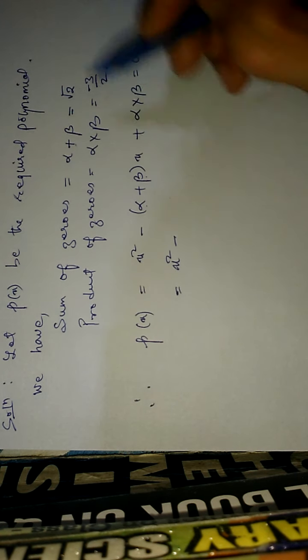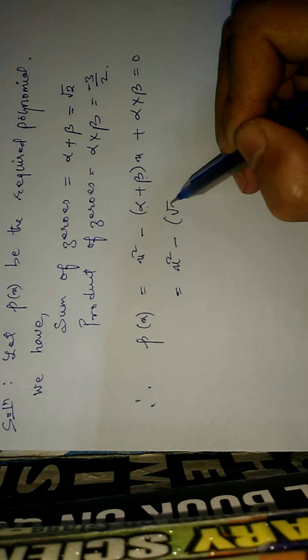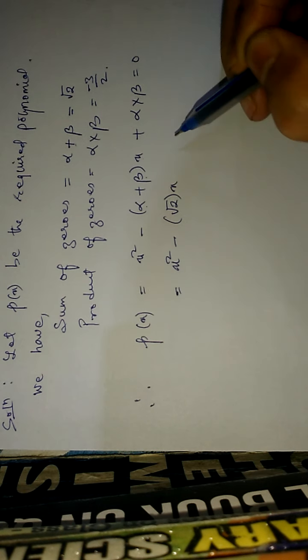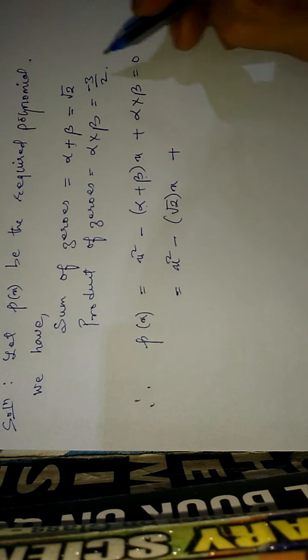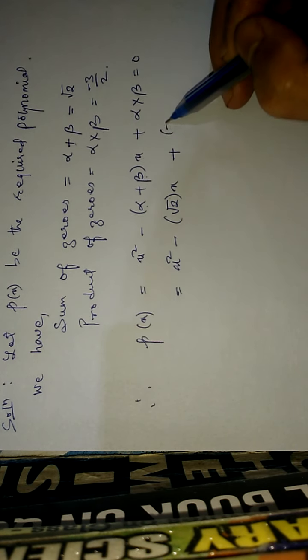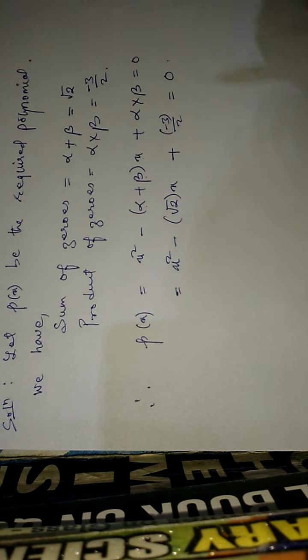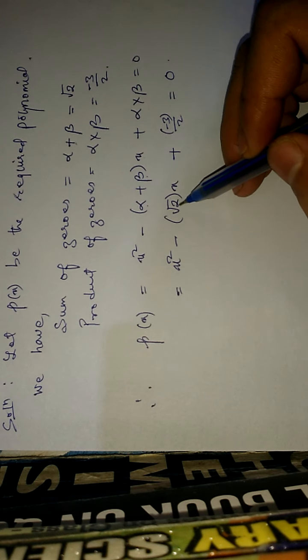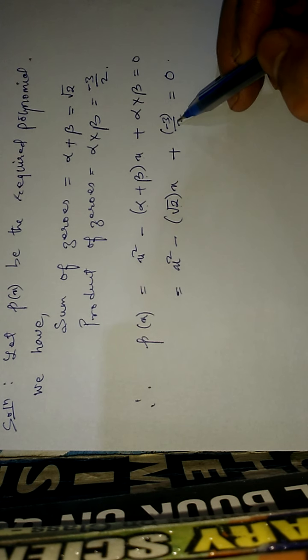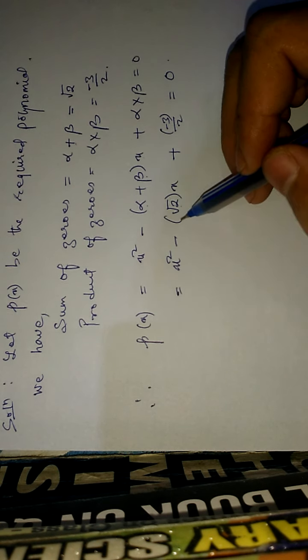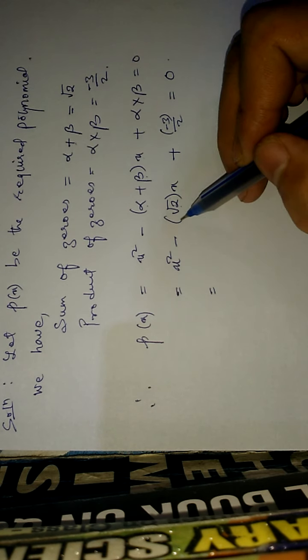Again, the root 2 and minus 3 by 2 are enclosed in brackets, so you have to remove the brackets. Minus into plus will be minus root 2x. Plus into minus will be minus 3 by 2, equal to 0.